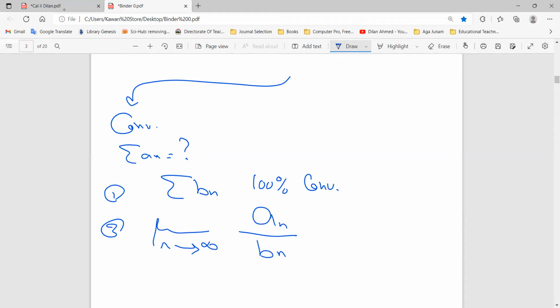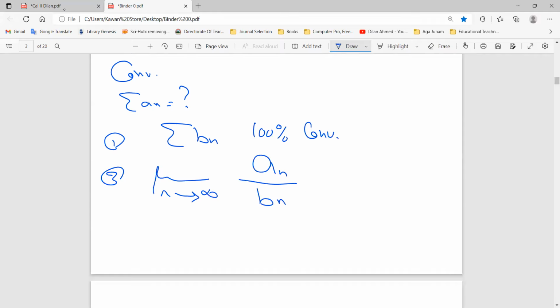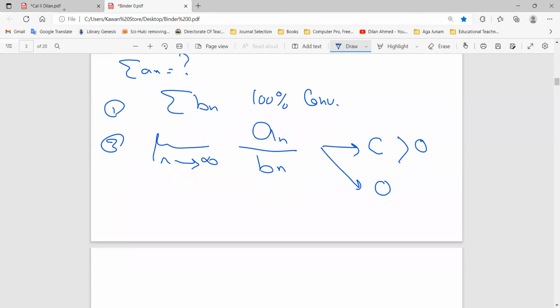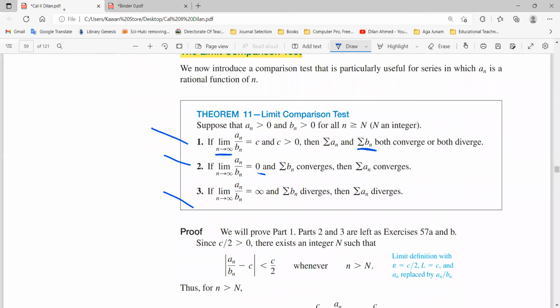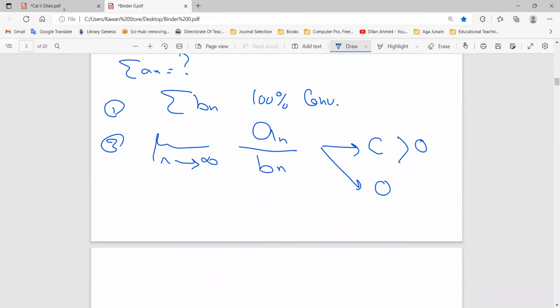An over Bn. Understood? If the result of this limit is a number greater than 0, or you get 0, you say what?